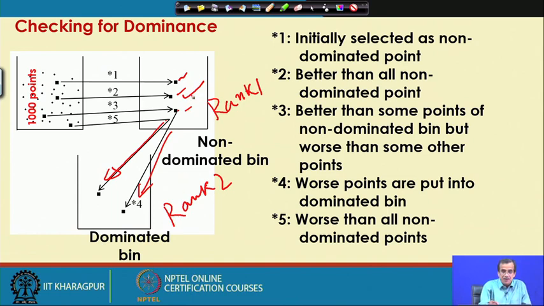Supposing that in the modified rank 2 I have got 300. So, out of 800, 300 I have put in the modified rank 2, and the remaining 500 will go to the rank 3. This is the way the whole population will be divided into rank 1, rank 2 and rank 3 fronts.